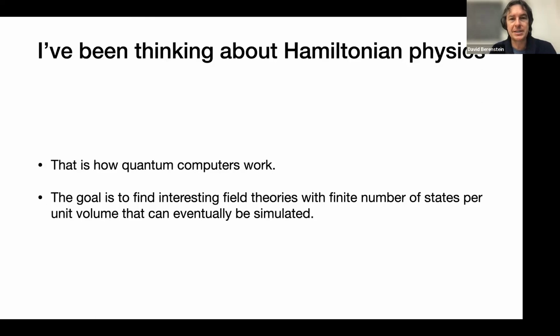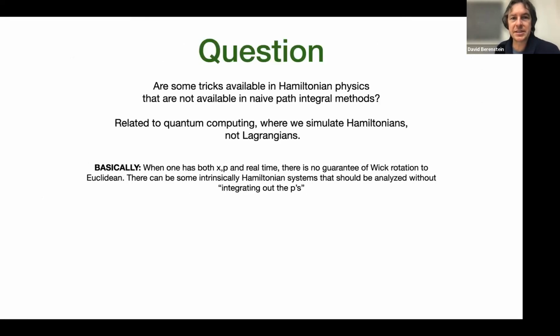So I've been thinking about that, and then a question is, we've been doing a lot of Lagrangian physics, at least in string theory lately. And then there's a question whether there's something more Hamiltonian in nature that would not be immediately available in naive path integral methods. And as I said, this is related to quantum computing, where we simulate Hamiltonians and non-Lagrangians.